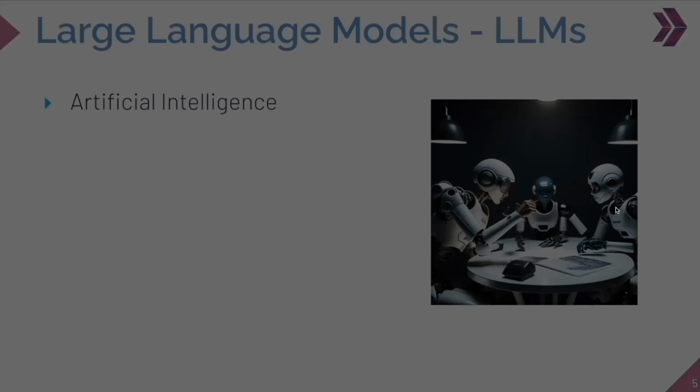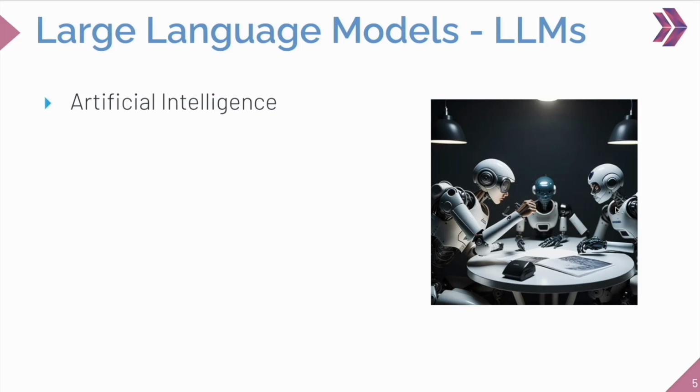Okay, let's start. And the first question is, what is a large language model? Simply, they are powerful AI systems which can understand and generate human language. One of the biggest differences of large language models is that they can capture contextual dependencies in language.